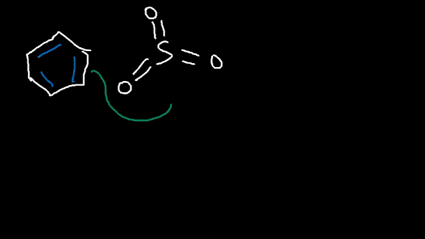So we can react benzene with SO3 or SO3H. But let's use SO3. Let's use a deprotonated form. So the double bond is going to attack the sulfur atom, and one of the pi bonds is going to break.